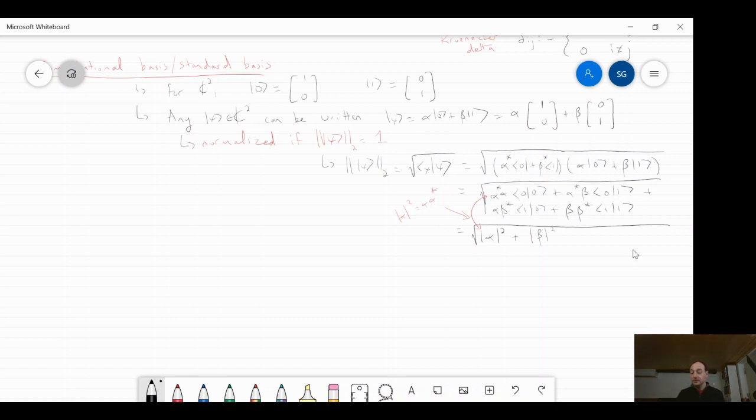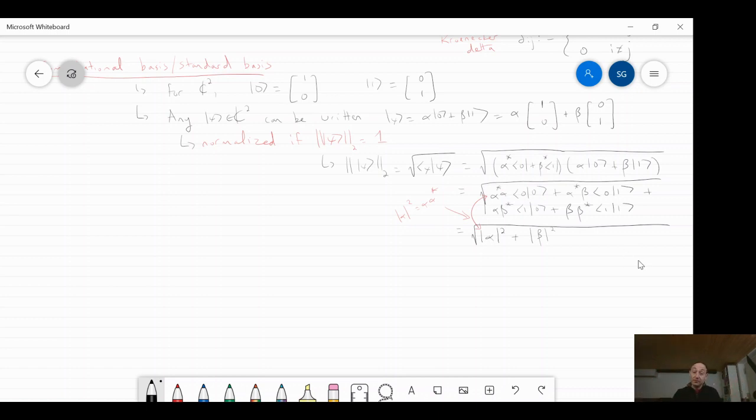A lot of times, especially when we move to larger dimensional systems, typically in quantum computation, part of what gives quantum computers their power is that you can work in this very large dimensional Hilbert space, or vector space. Then you certainly don't want to write out these giant vectors and do these inner products. That's just ridiculous, right?